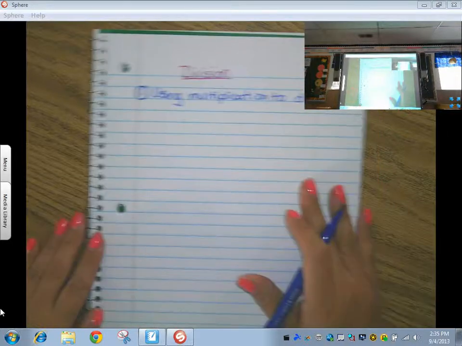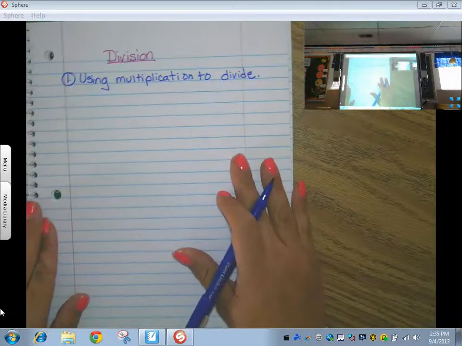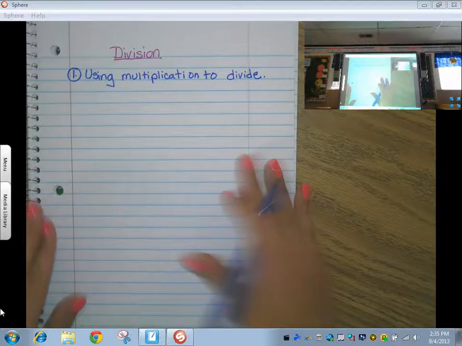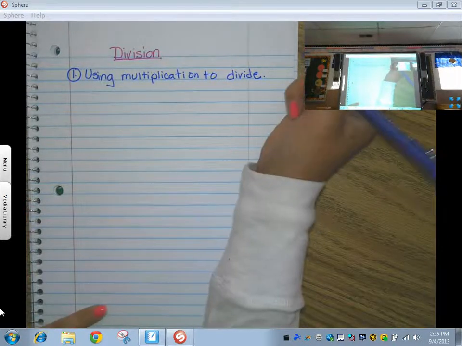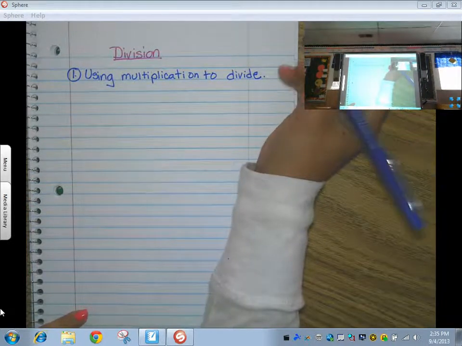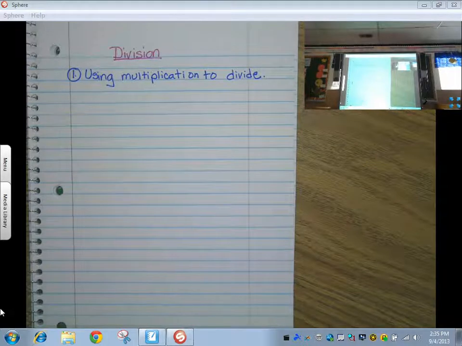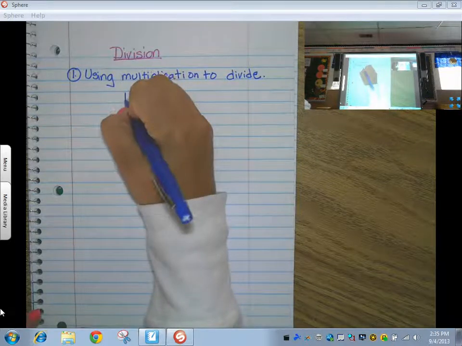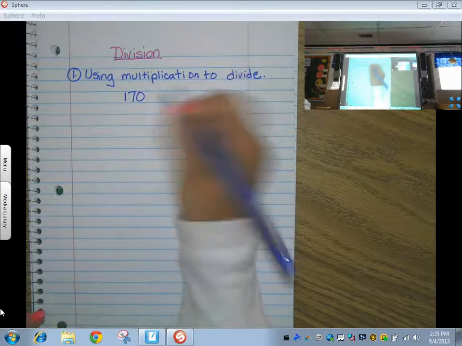Alright. So for our example today, we're going to use the same problem that you guys did yesterday because it's one we're all familiar with. So we're going to write 170, even though some of us did 107. Got them flipped. But 170 divided by 15 equals.